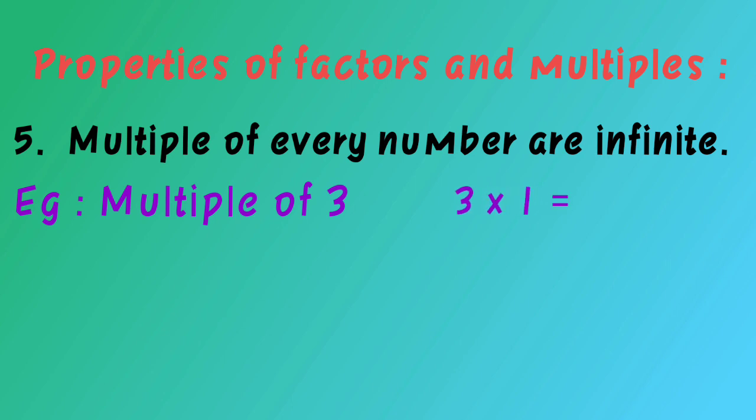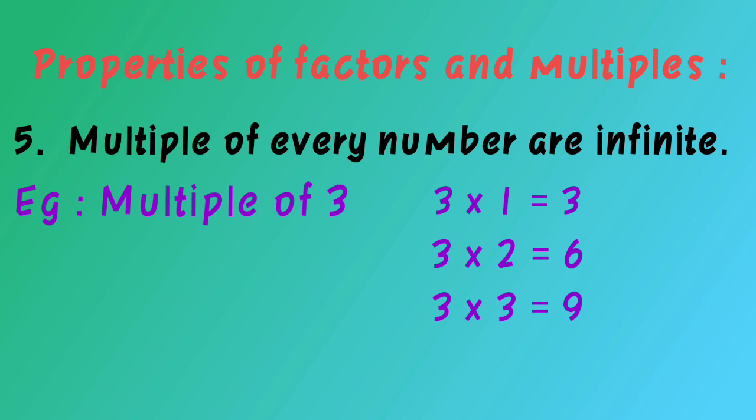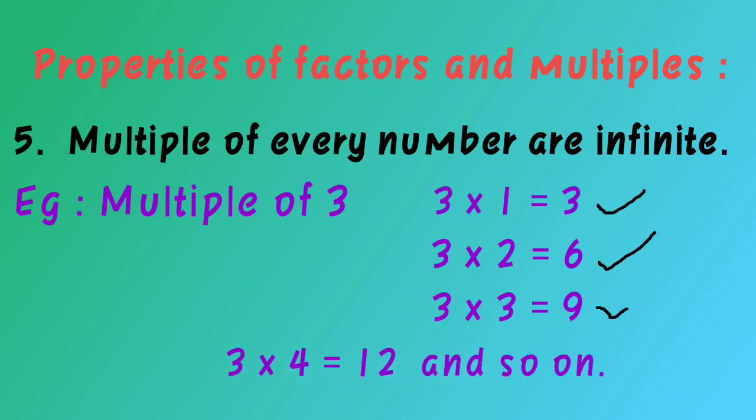Like 3 into 1 equals to 3. 3 into 2 equals to 6. 3 into 3 equals to 9. 3 into 4 equals to 12 and so on. So 3, 6, 9, 12. These are the multiples of 3. As these counting numbers are infinite, so we will get unlimited multiples of 3. So multiples of any number are infinite.